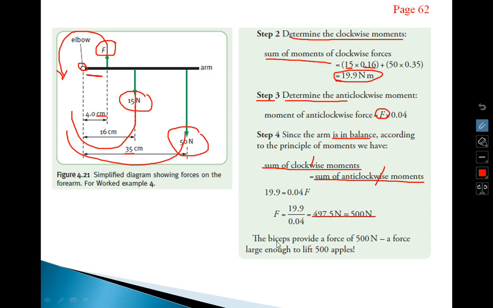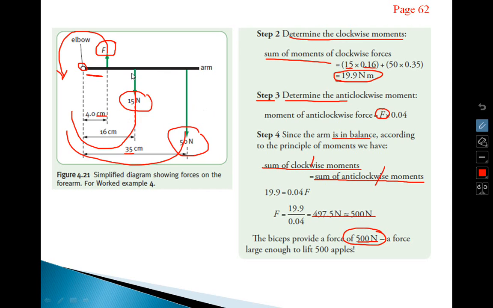So the biceps provide a force of 500 Newton, a force large enough to lift, for example, 500 apples. So the force here is equal to 500 Newton to keep the arm balanced in this situation.